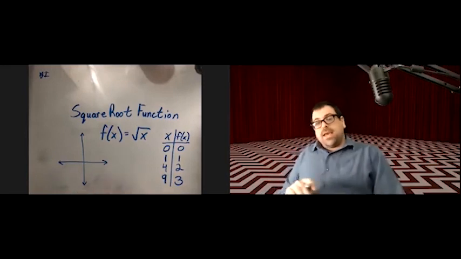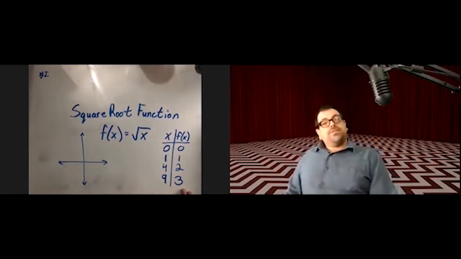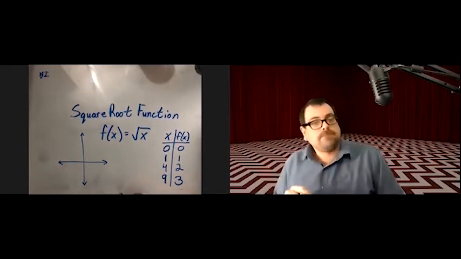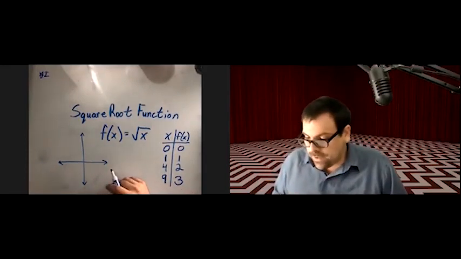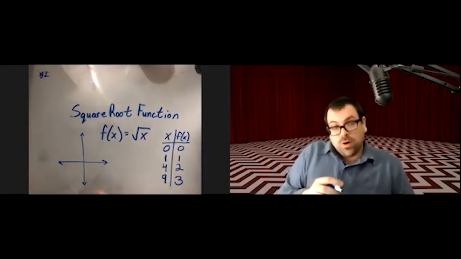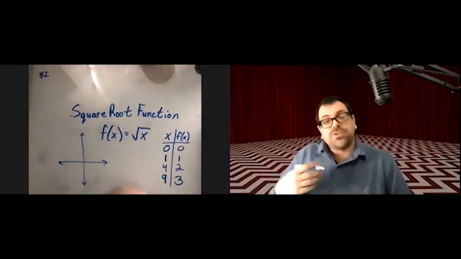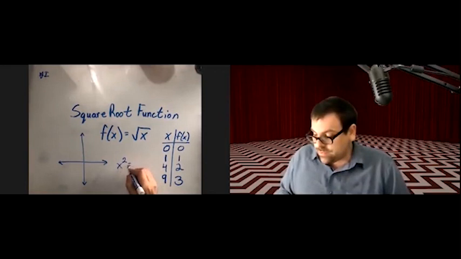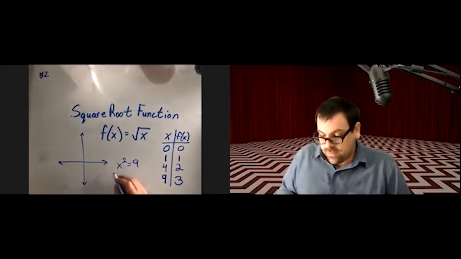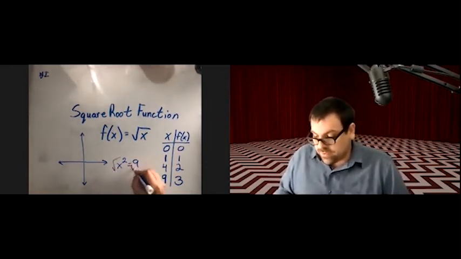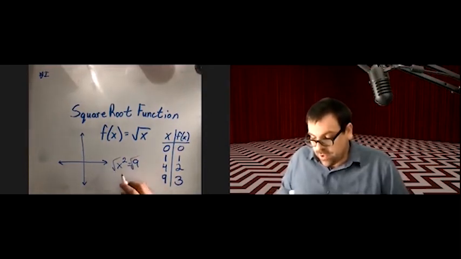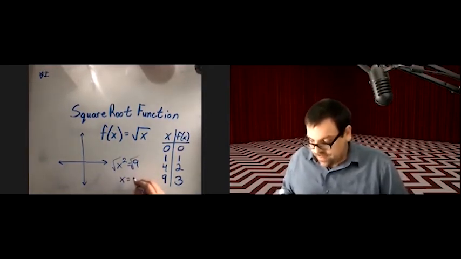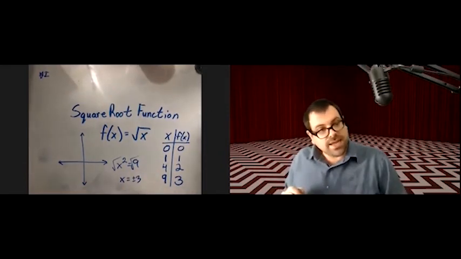Now, you might be asking, what about the negatives? Well, normally, when we're solving an equation, if we had, say, x squared equals 9, and we took the square root of both sides, we would have plus or minus 3 as the answer.